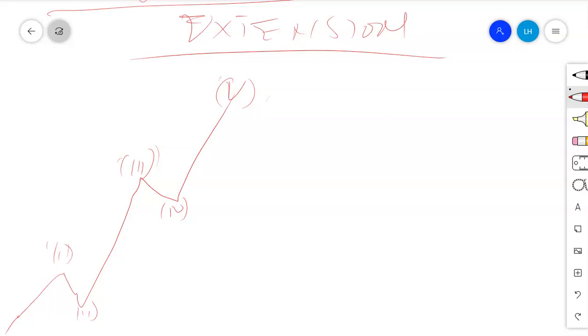Now remember, you have to review the guidelines and rules. You will find that usually wave number 1, wave number 3, and wave number 5, all of them cannot be extended. That's the rule of an impulse. When you are trading within an impulse, make sure that you don't expect to see extension within all 3 waves. Within wave number 1, wave number 3, and wave number 5, don't expect all of them to be extended.